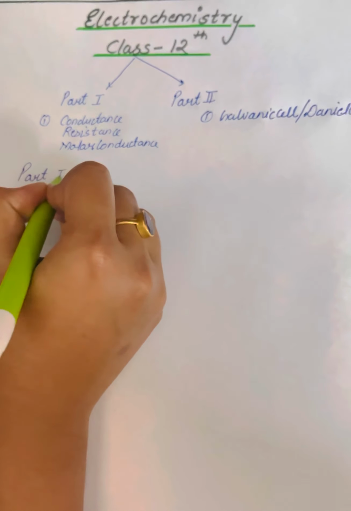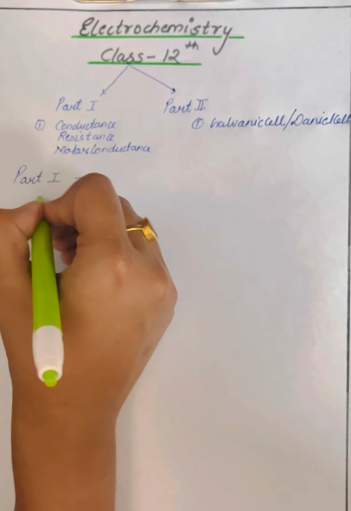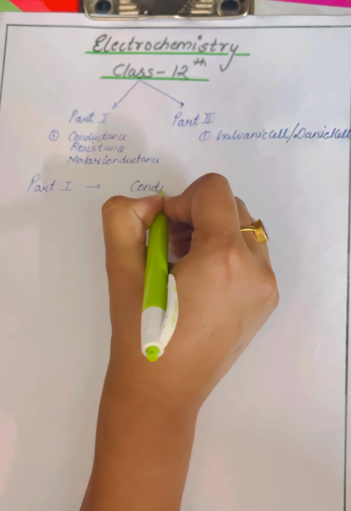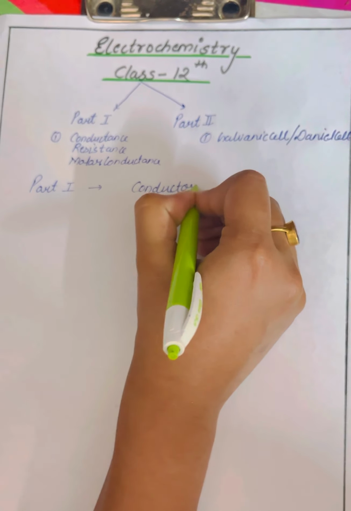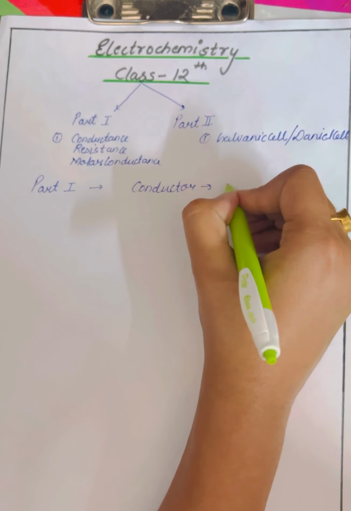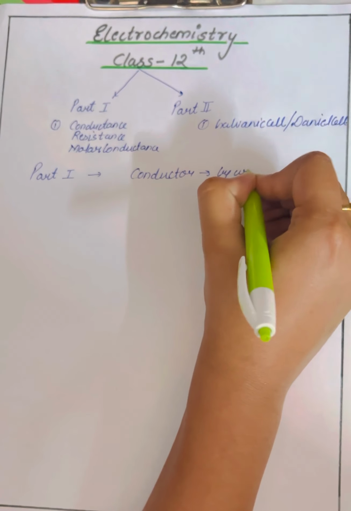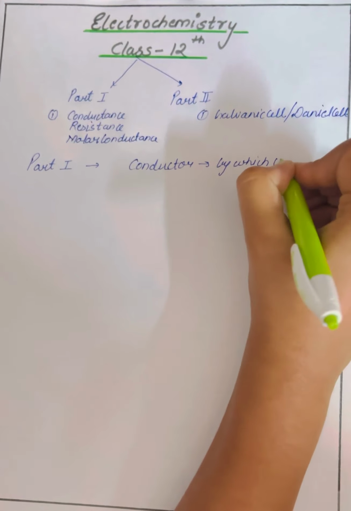In part 1, before going to the topic, we will start from conductors. As you all know, what are conductors? Conductors are substances which allow the passage of current, by which current easily flows.